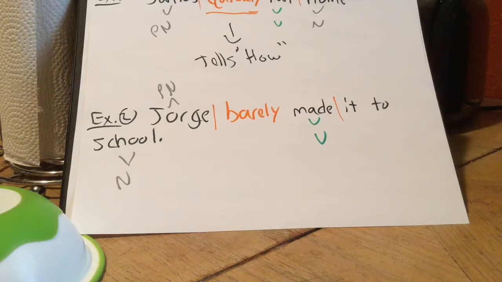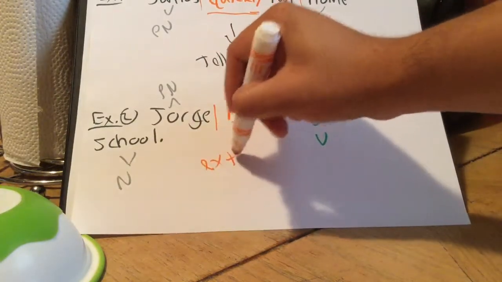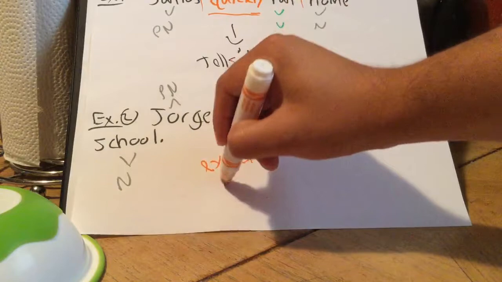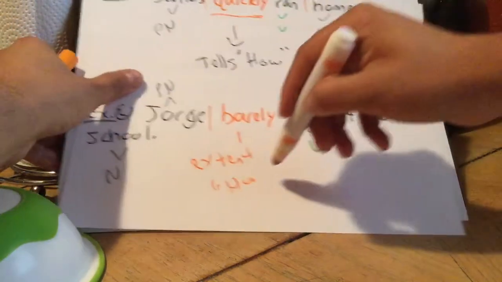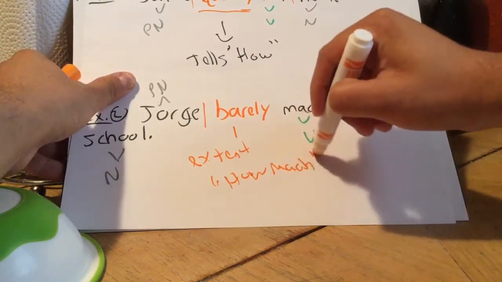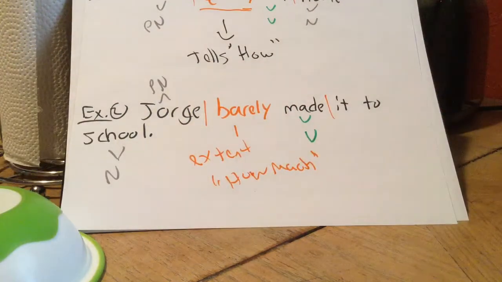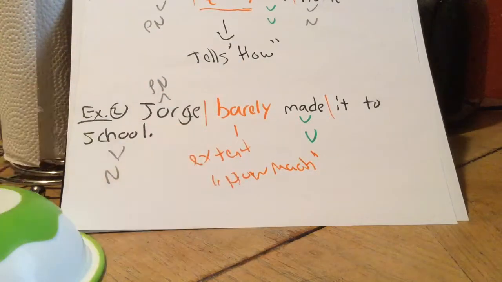Okay, so we're going to say this one, it shows us the extent or how much. Oh, it's falling down. Okay, perfect. All right, so far we have one that tells us how, and the next is how much. So let's look at our last example.